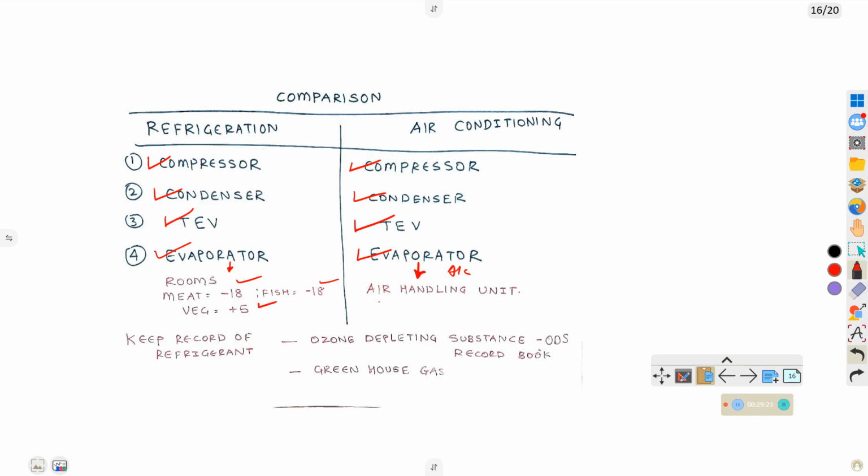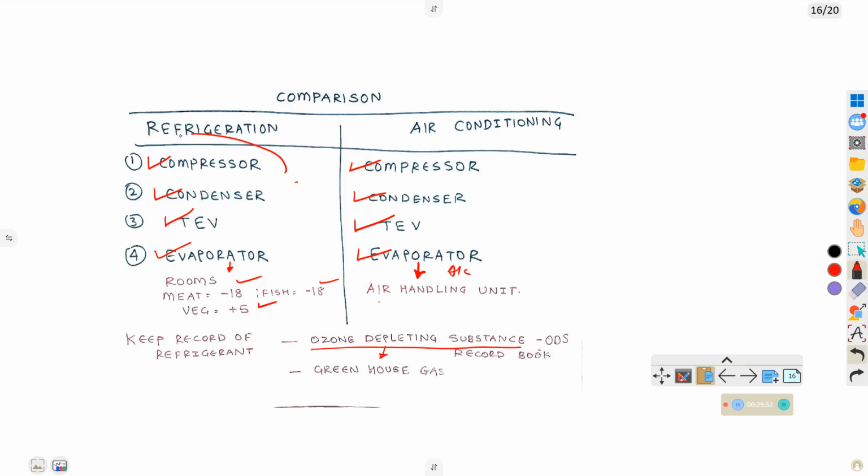So we have to keep the record of the refrigerant. Why? Because these refrigerants are ozone depleting substances and greenhouse gases. In the exam they ask what things are common between refrigeration and air conditioning.